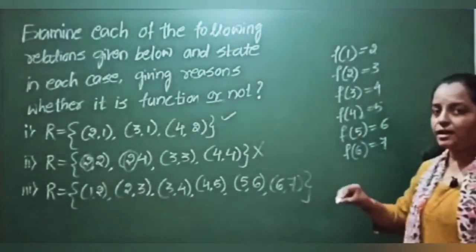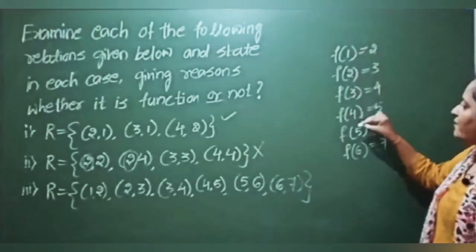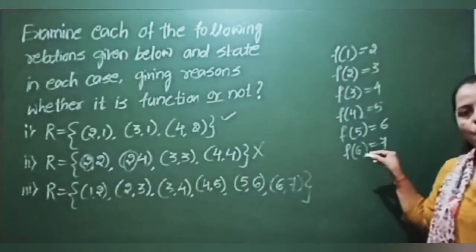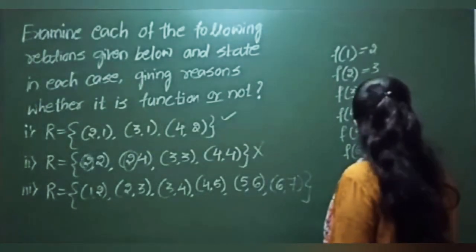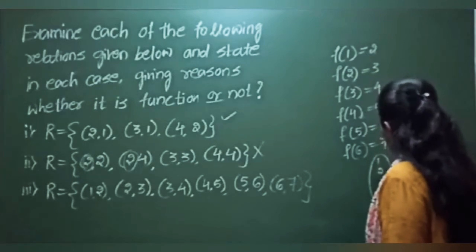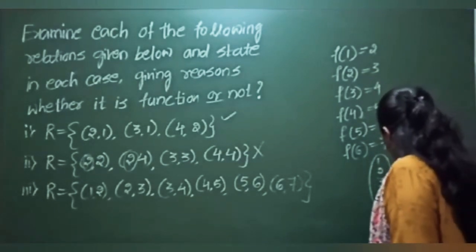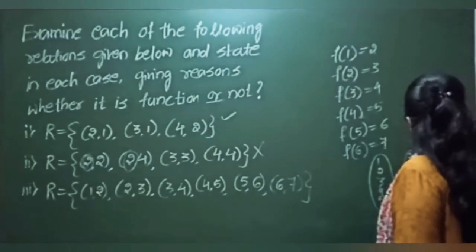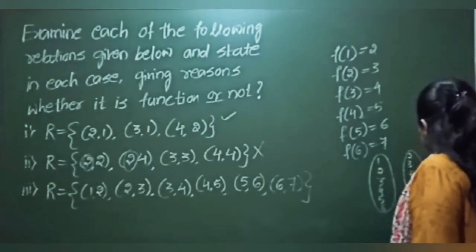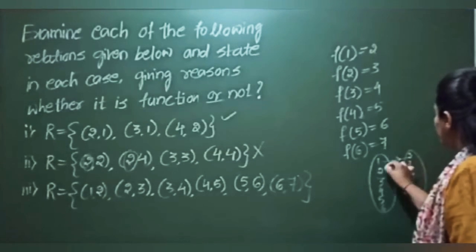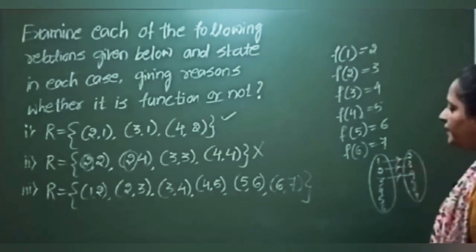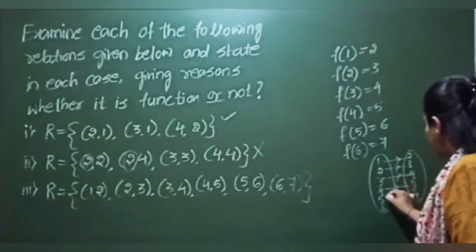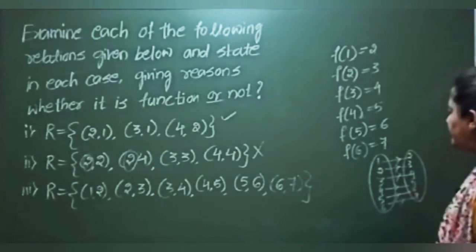So each and every element of the domain is having a single image in the codomain. So here the domain is having elements 1, 2, 3, 4, 5, 6 and the codomain is having elements 2, 3, 4, 5, 6, 7. So 1 related to 2, 2 related to 3, 3 related to 4, 4 related to 5, 5 related to 6, 6 related to 7.